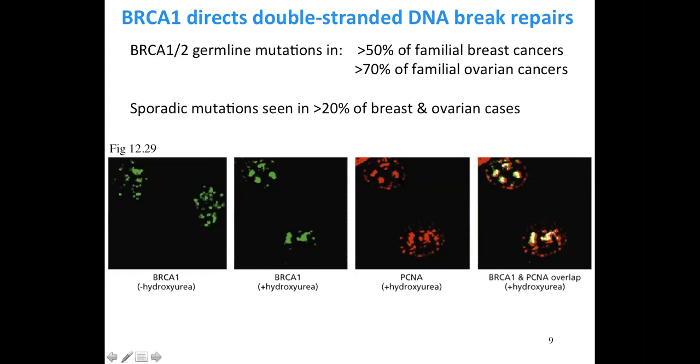You can see the PCNA also localizes to regions where there is DNA damage. And if you overlap the BRCA1 and PCNA staining, the yellow or white is where these 2 proteins are tightly working together. You can really appreciate how these different pathways have to come together to properly respond to DNA damage.